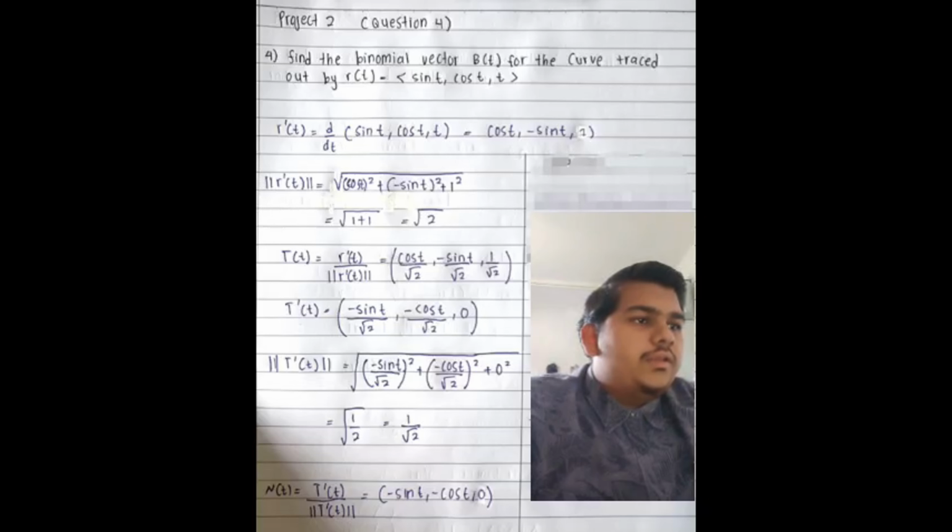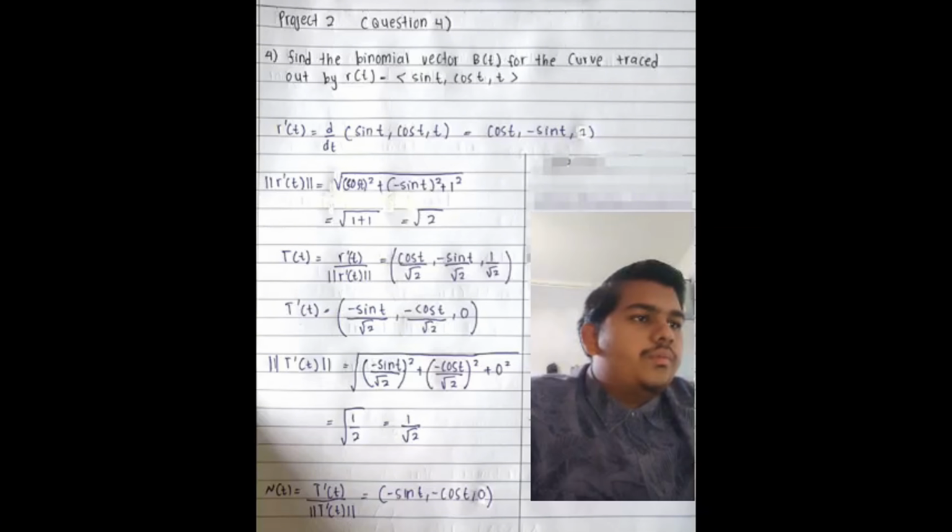Now we can find the unit tangent vector T(t) = r'(t) over |r'(t)| = (cos t over square root of 2, -sin t over square root of 2, 1 over square root of 2).